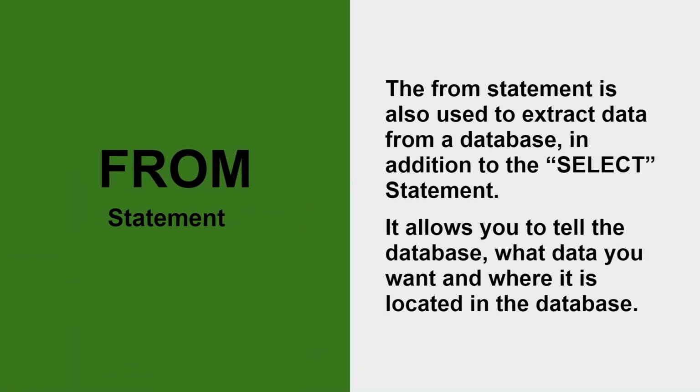Now, when you select data, or when you ask the system that you want to see this data, you're probably going to be asking the next question: where exactly is this data going to come from? That's where the from statement comes in. The from statement is also used for extraction, and it will tell the database which data I want and where it is located. So I want data about the types of tissue, but I want it from the tissue table or the tissue database.